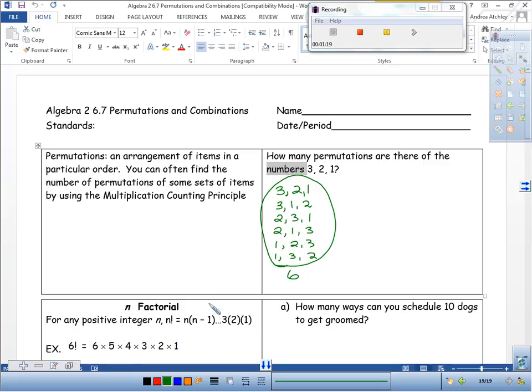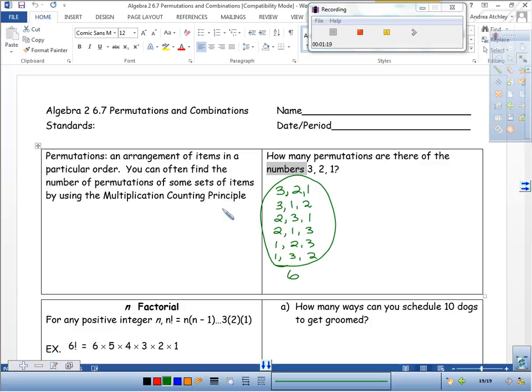Now you can do that every single time. That is fine if we have small amounts. But let's say there are 10 things that I want to arrange in any particular order.